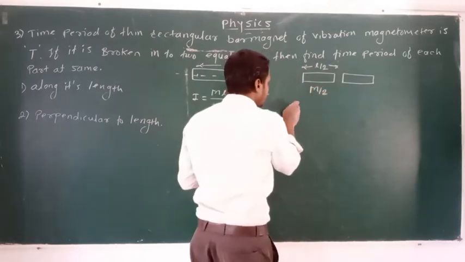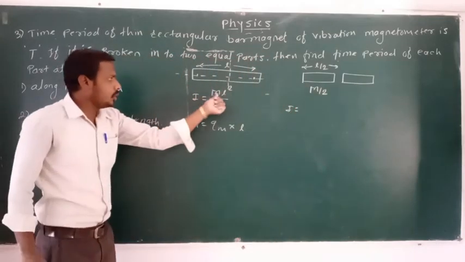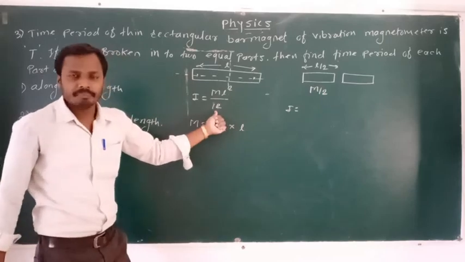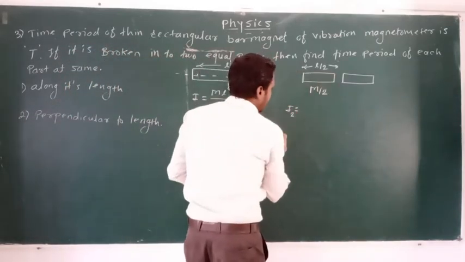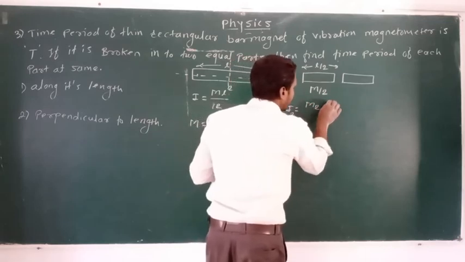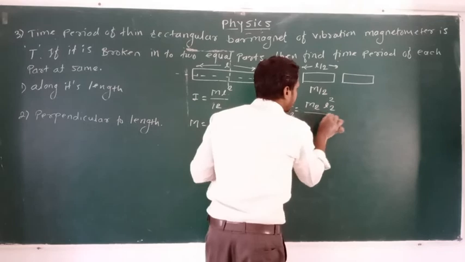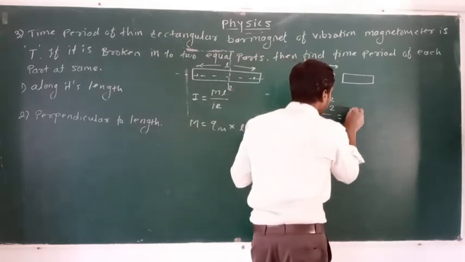The original moment of inertia I is equal to m L square divided by 12. Now the newly formed pieces have moment of inertia I2 is equal to m2 L2 square divided by 12. Then m2 means M divided by 2.